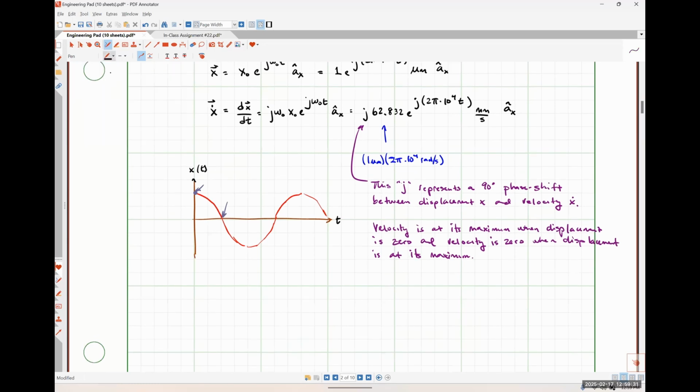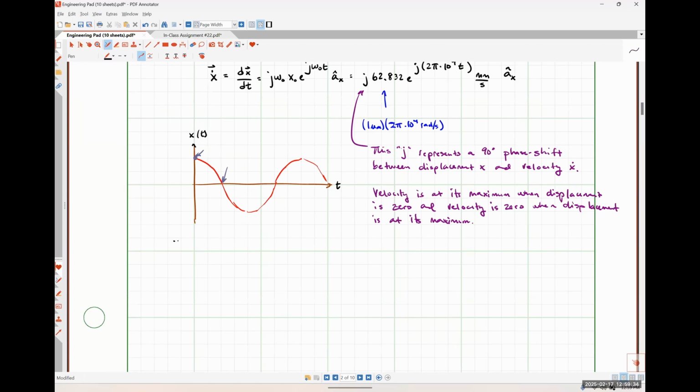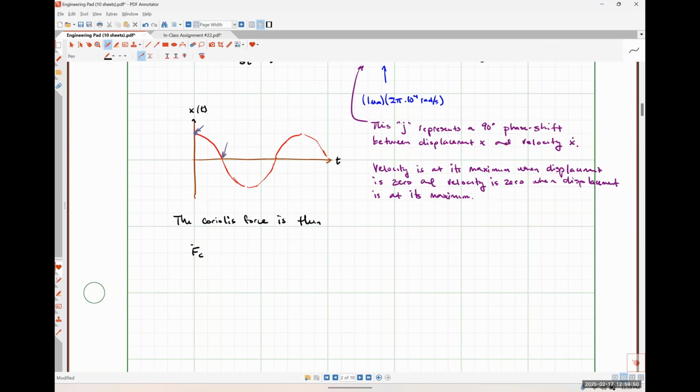All right, so putting all of this stuff together, our Coriolis force F_C will be negative twice mass times capital omega times velocity in the y direction, or negative j 0.790 e to the j 2 pi times 10 to the 4 t nanonewtons in the y direction.